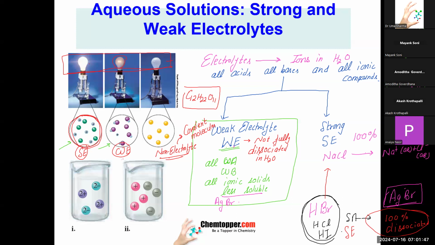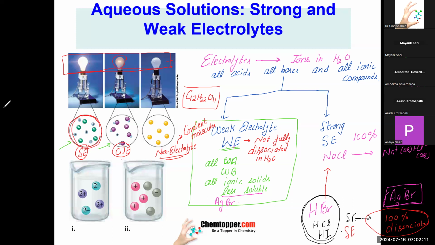Okay, children, are we clear about electrolytes, weak electrolytes, strong electrolytes? For the weak electrolytes and strong electrolytes, you are going to use your solubility rules and you are going to use your strong acids and weak acids, strong bases and weak bases concept.